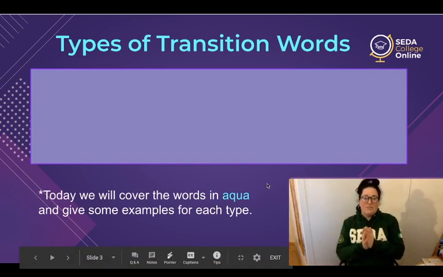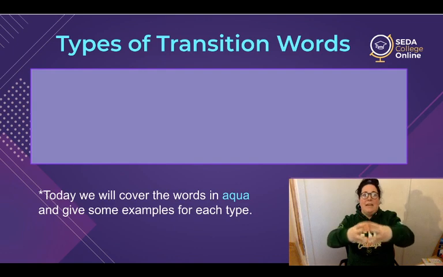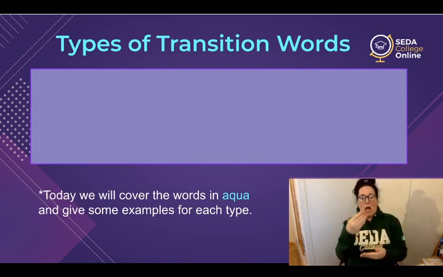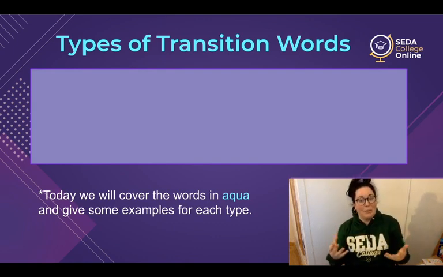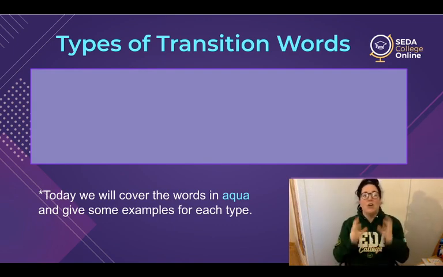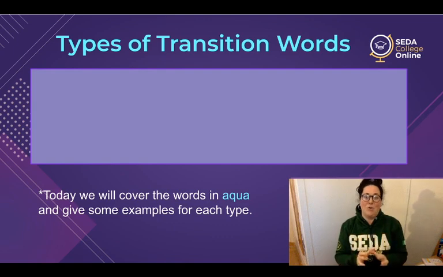So, types of transition words. If you said something and you want to say something that's similar to the last thing, you're going to use certain words. If you said something in the previous paragraph and you want to say something that's opposite or contrasting, you're going to use different words. Depending on the situation or the context, you're always going to need a certain category or a certain type of transition words.